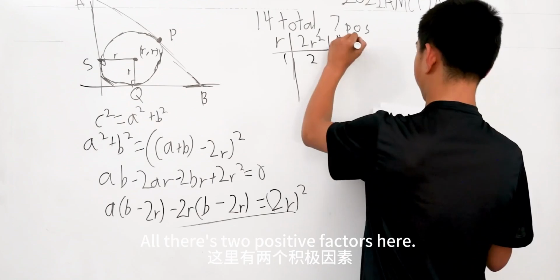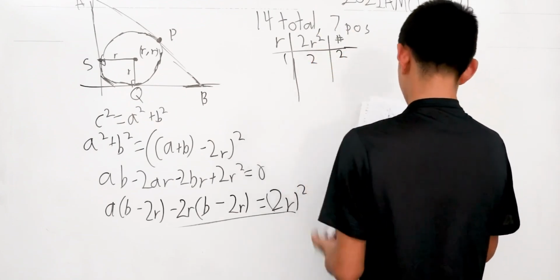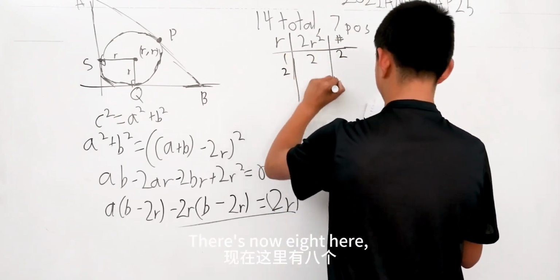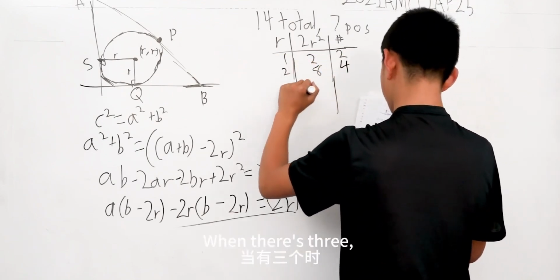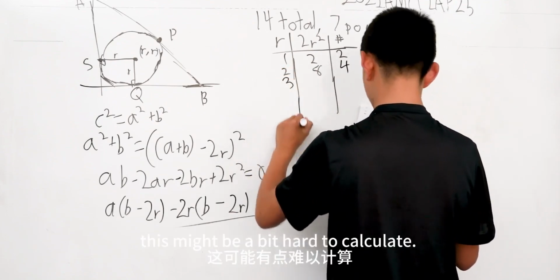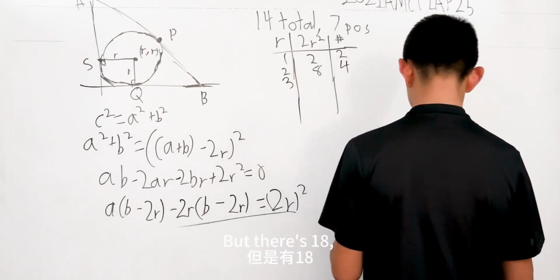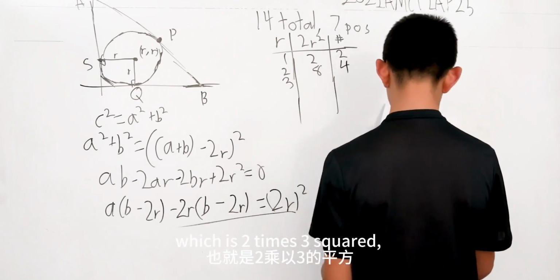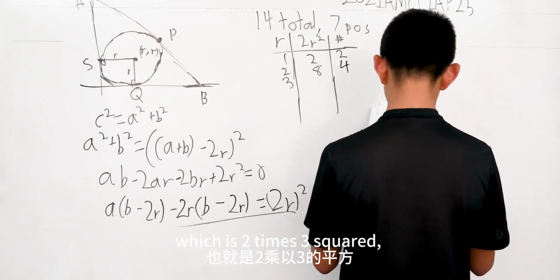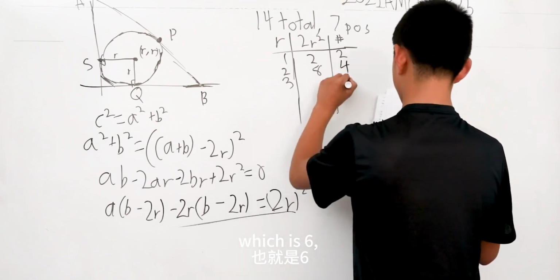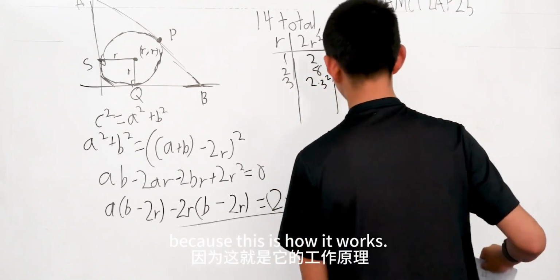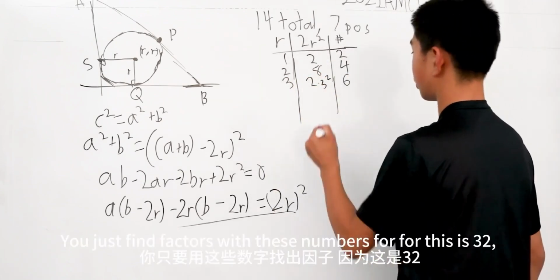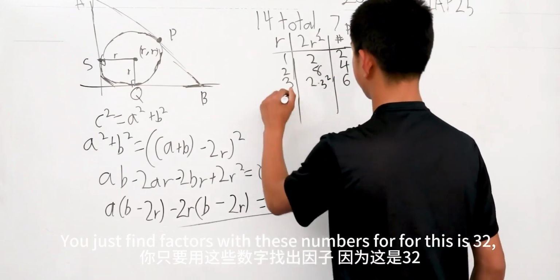There's 2 positive factors here. Calculate R as 2. There's now 8 here, and then there's 4 here. When R is 3, this might be a bit hard to calculate, but there's 18, which is 2 times 3 squared, which is 6, because this is how it works. You just find factors with these numbers.